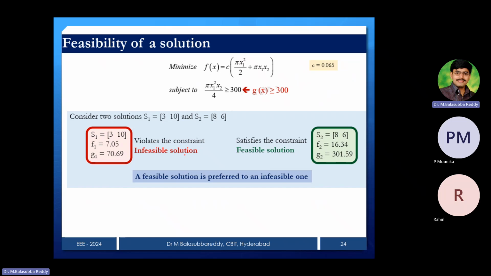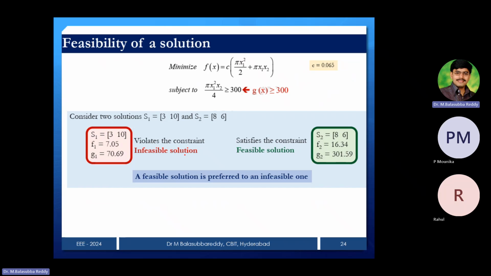Now there is a function f of x, subjected to a constraint. What is the constraint? Pi x1 squared x2 by 4 must be greater than or equal to 300. That is, g of x greater than or equal to 300, where g of x is pi x1 squared x2 by 4.